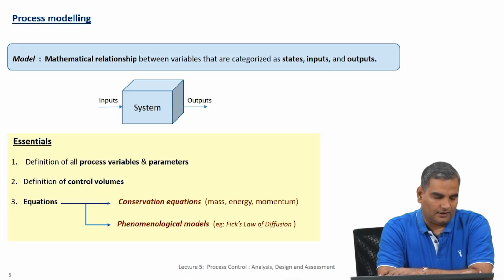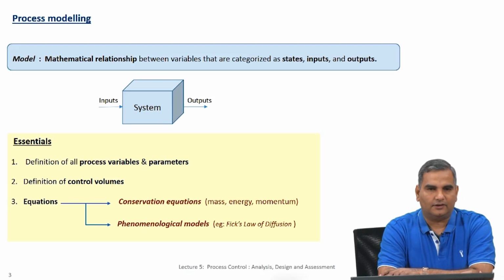Okay, let us say we have done all of this, and then we have a set of process variable definitions and parameter definitions. Then what does really modeling mean? How does one start writing these equations that relate these variables and parameters?